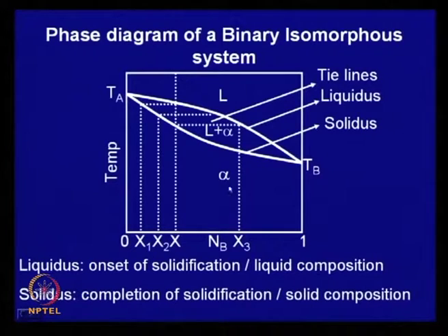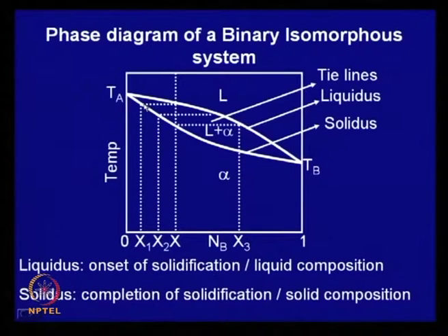And now, look at the solidification process of this alloy X. When the solidification begins here, it can be in equilibrium, so some solid will precipitate out. What will be the composition of that solid? From the liquid some solid will precipitate out, and if you draw a horizontal line to the solidus line, this x 1 represents the composition of the solid that precipitates out from the liquid.